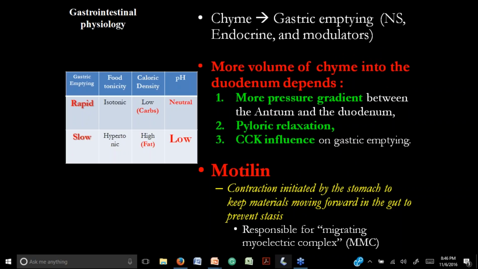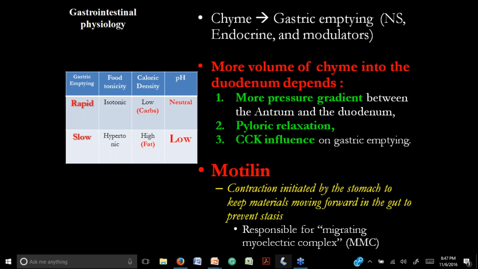Okay, so here we have more volume of chyme into the duodenum. So how is the chyme getting into the duodenum? That depends on three things. More pressure gradient between the antrum and the duodenum. So there's more mechanical pressure from the stomach, from the difference between stomach and duodenum, and that gradient passes the food from one place to another.